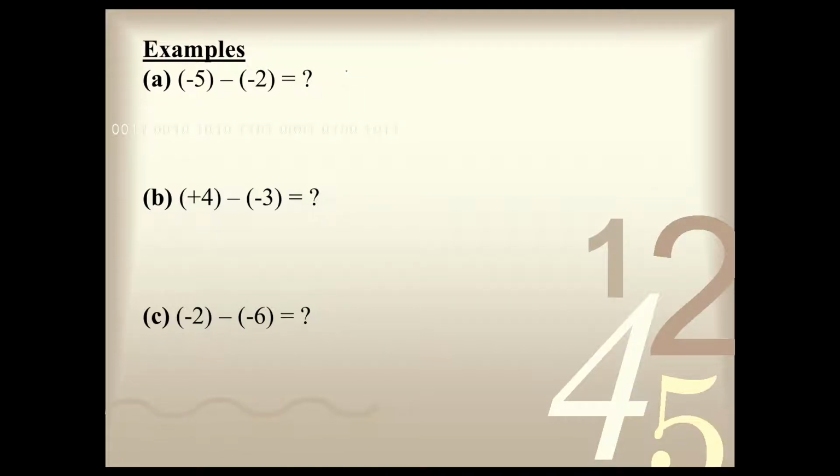Step 1 tells me to turn that into a statement telling me what to do. So that would be starting with -5, which is blue chips, starting with 5 blue chips. Remove 2 blue chips.